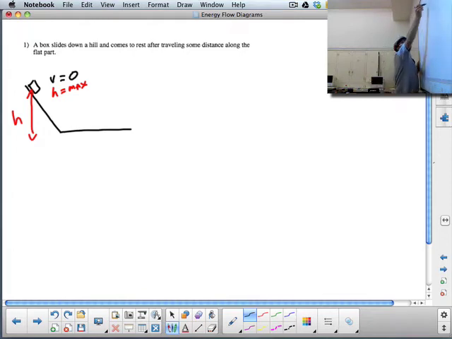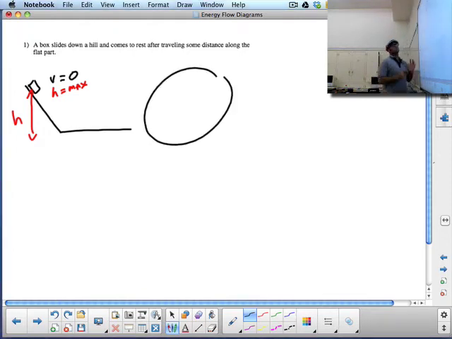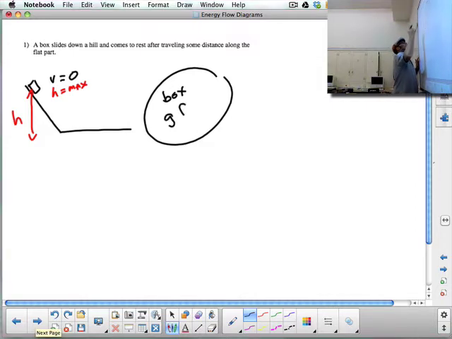Okay? So let's choose our system. I probably should have done this first. What's your system going to be? I'm drawing a circle, and I'm going to put whatever my system is inside that. Box. What else? Okay, you're talking about what exactly? Not just the word gravity. If we didn't have a gravity field, would we have any EG?